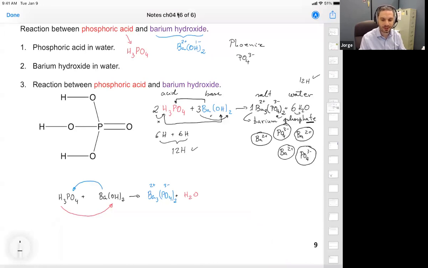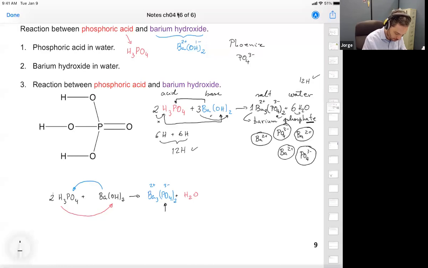As you can see here, the reaction is unbalanced. What I like to do is first look at the oxoanion, PO4. We have 2 PO4s in the products. Therefore, we need to have 2 PO4 in the reagent.